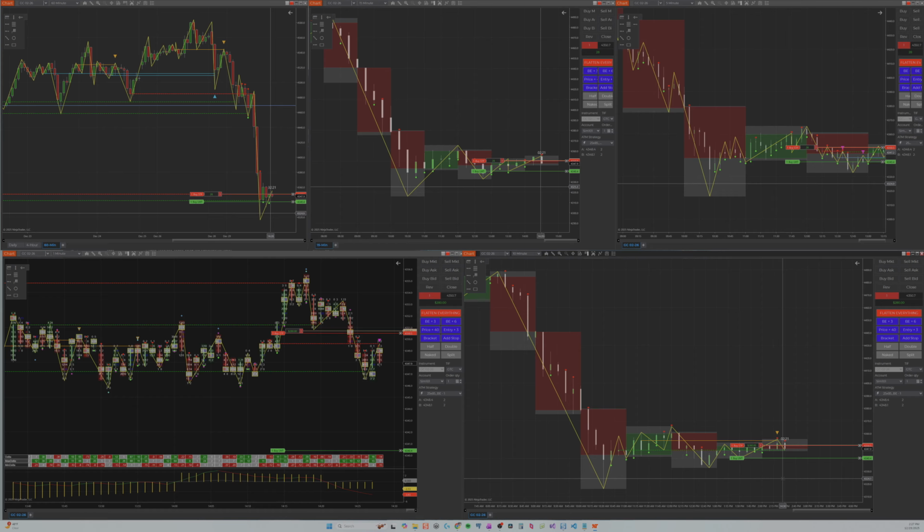A lot of movement here. I might take this at 30 ticks just to, this is just sim right now. Yeah, I think this is going to get taken out.